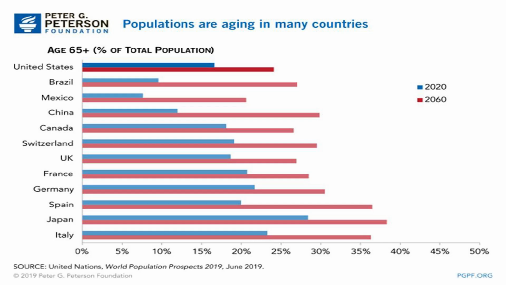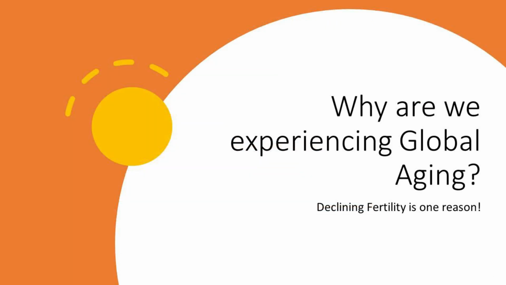Populations aging in many countries, there we are again, 65 plus as a percentage of the total population, 2020, and then what it's projected to be in 2060, you see with the US how that's going down towards that 30% line. So we're aging. Okay, why are we aging?